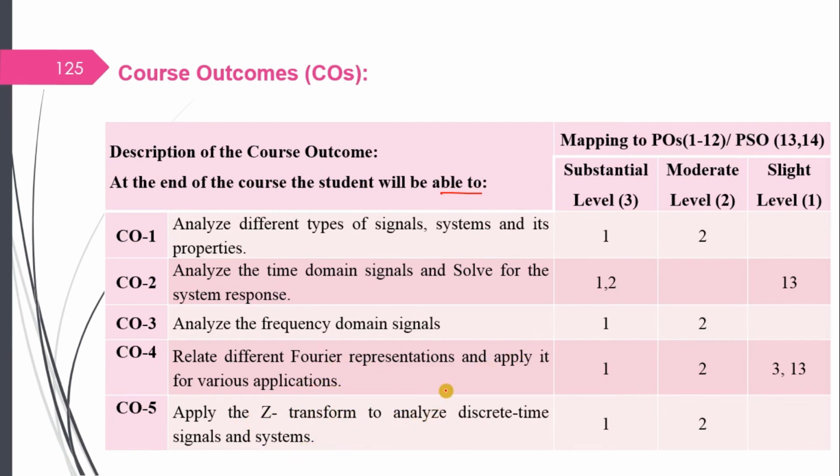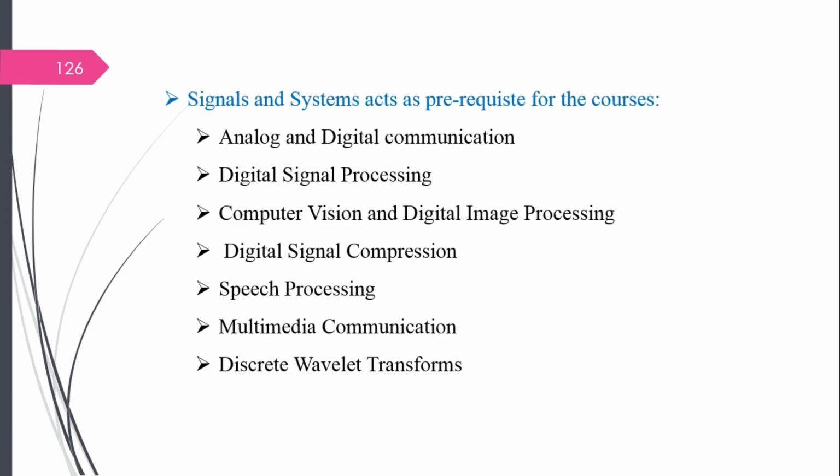Okay. So all course outcomes were successfully met, and the signals and systems course acts as a prerequisite for the courses analog and digital communications, which you have in the 4th semester. Digital signal processing, a very important subject which can fetch you very wonderful jobs, you will be studying in 5th semester, I guess.